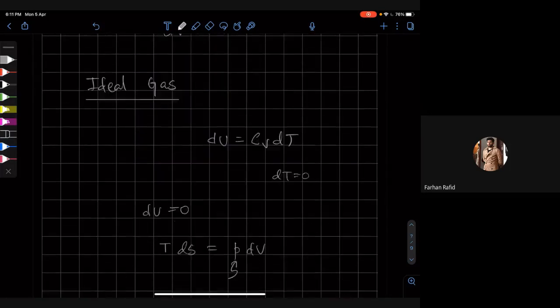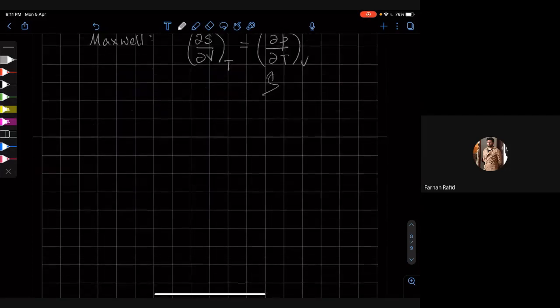What happens is that in the Joule expansion, the thing that remains constant is the internal energy, right? Because no heat goes out or into the system, and no work is done on the system. So U remains the same.